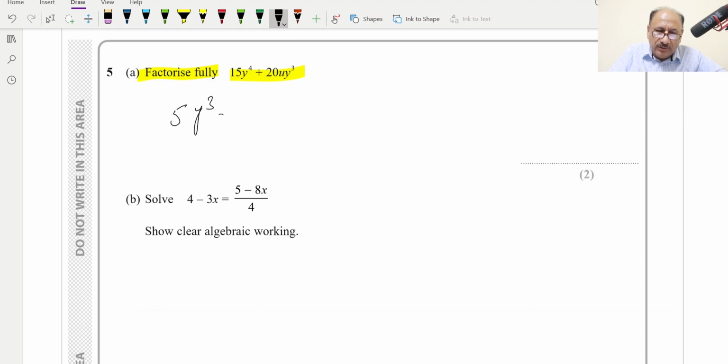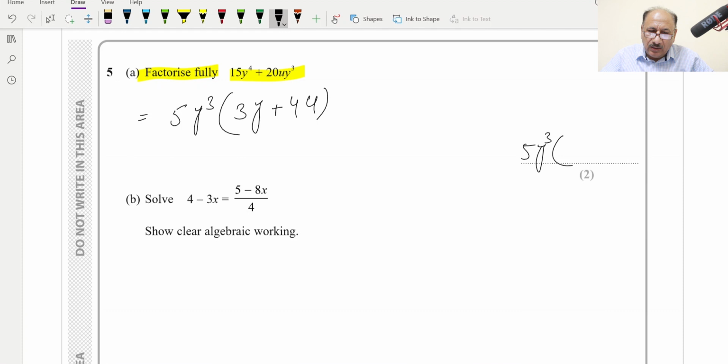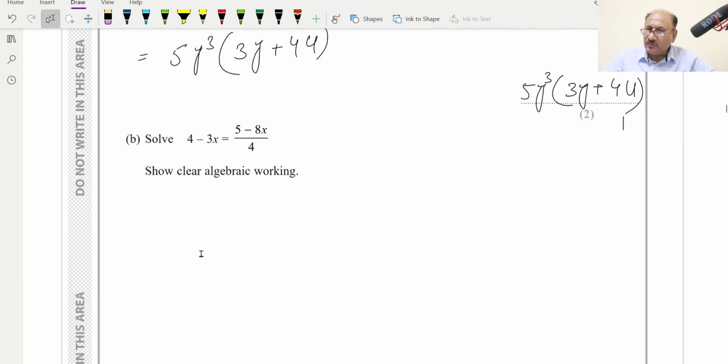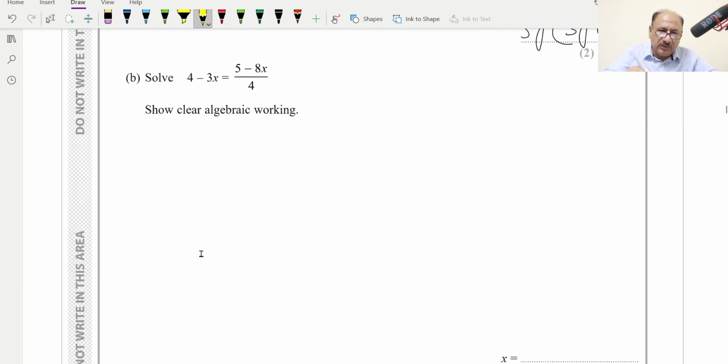So after taking this common, remaining will be 3y plus 4u. So this will be our final answer for this one, 5y cube, and remaining will be 3y plus 4u. Hopefully you understood. This was only 2 marks, simple question.